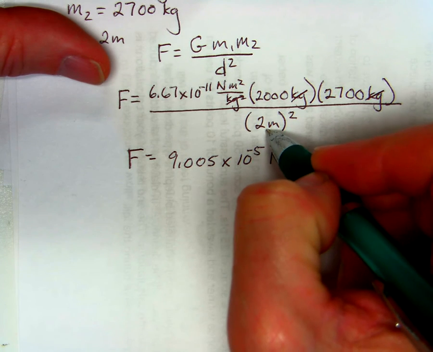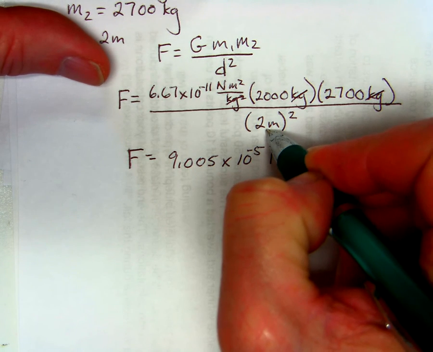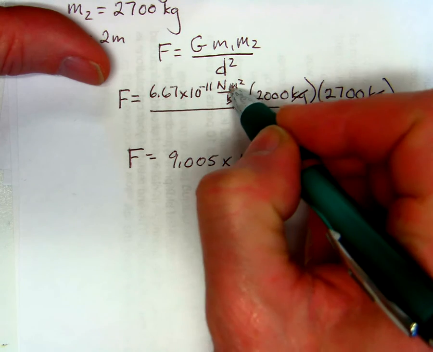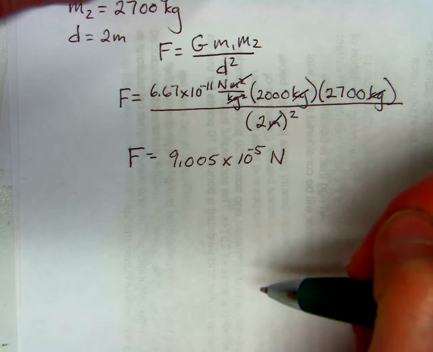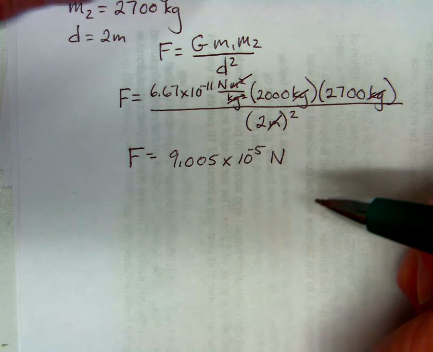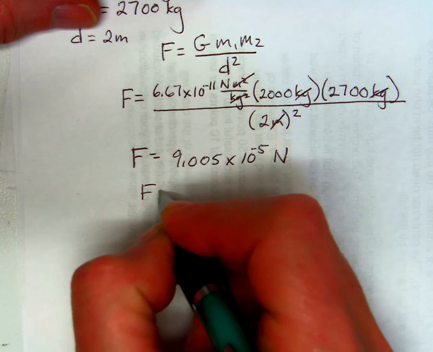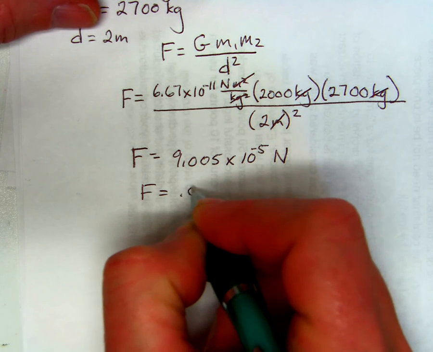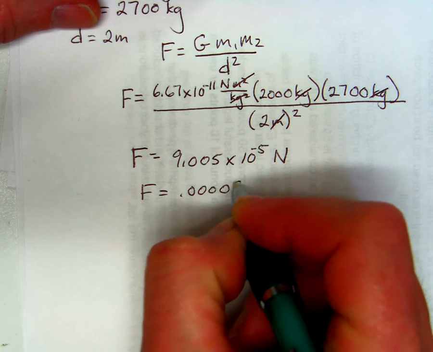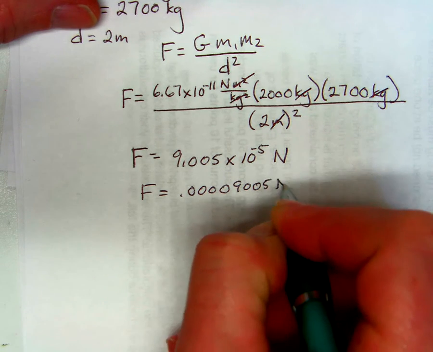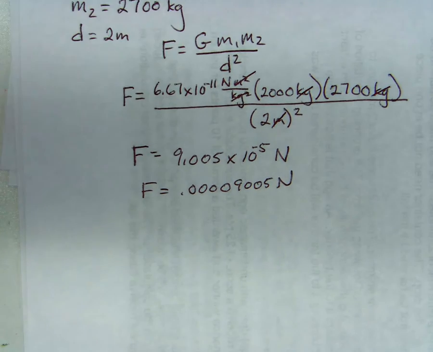And then our meters get squared on the bottom of the fraction, so that cancels with the meter squared at the top. The only thing that's left is newtons. So if we wrote this not in scientific notation, the gravitational force between these two large elephants is very, very small.